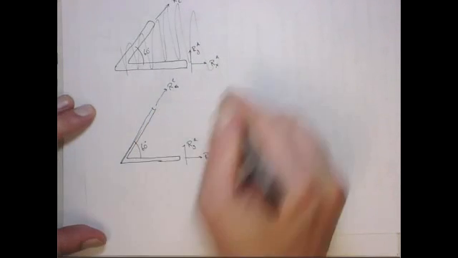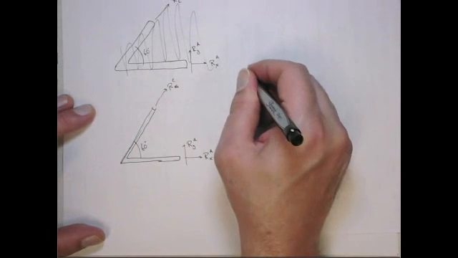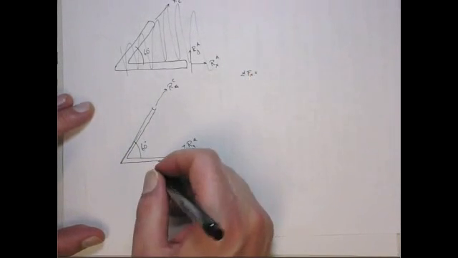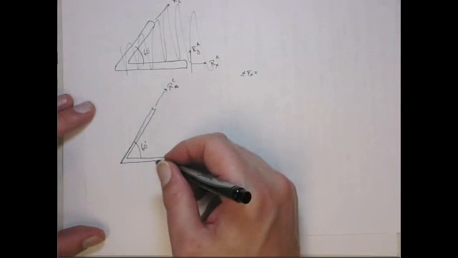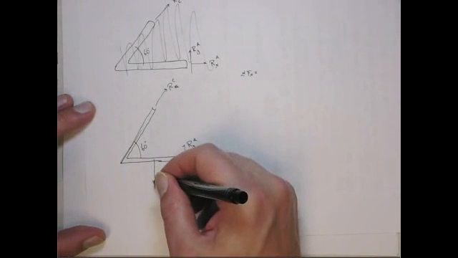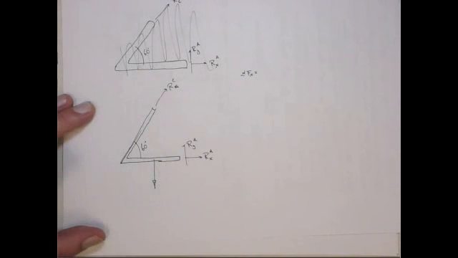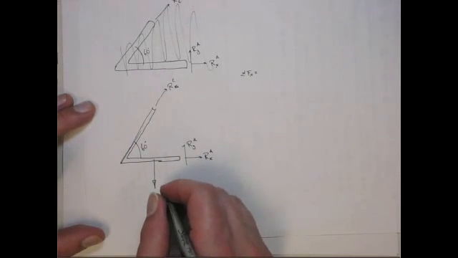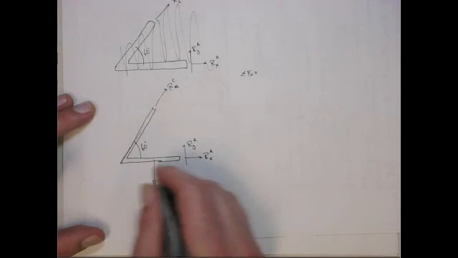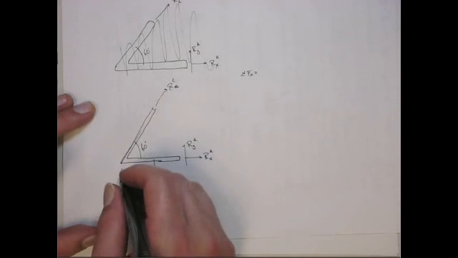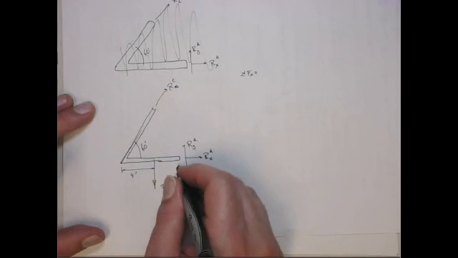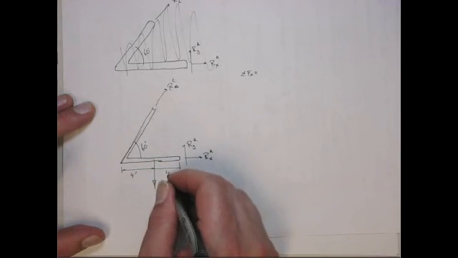Okay, so if we do sum of forces in the x direction, and I guess the other thing we can do here is replace the distributed load with its equivalent point load. So that is going to be acting through the center, right? 4 feet, and this is 4 feet, right?